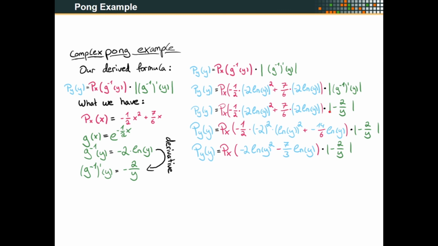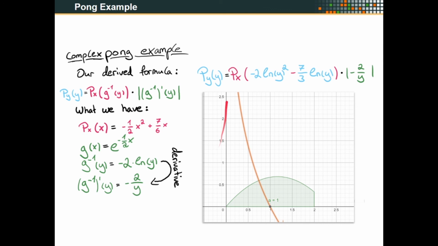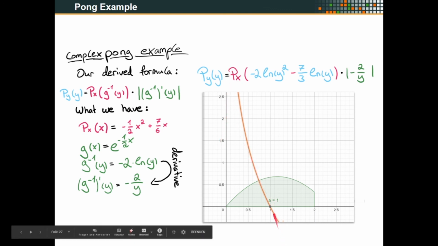Here you can see why it is important to use the derivative of the inverse function. This allows us to get a notation solely depending on one variable, here y. On the next slide, you can see our resulting equation on the corresponding densities and transfer function. The orange function is our inverse transfer function.